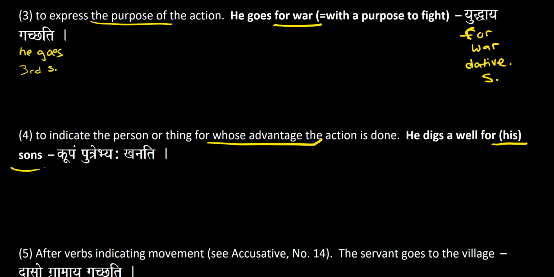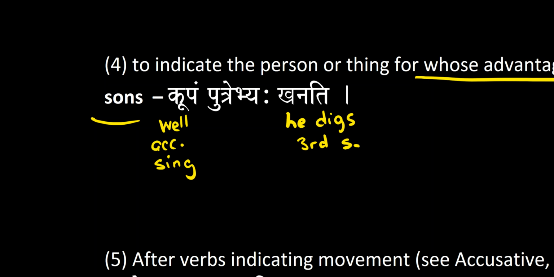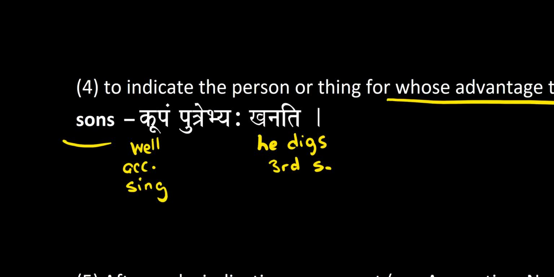So we have kupam putrebhyaha kanati. He digs, third person singular, is kanati. Then a well is going to be kupam. That's going to be accusative singular. And then putrebhyaha, for his sons.